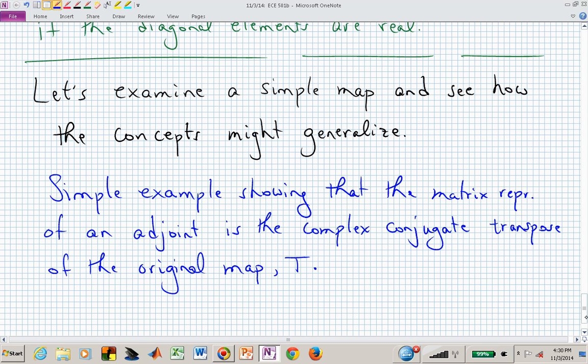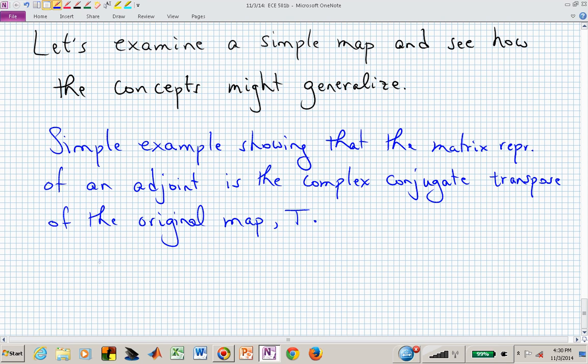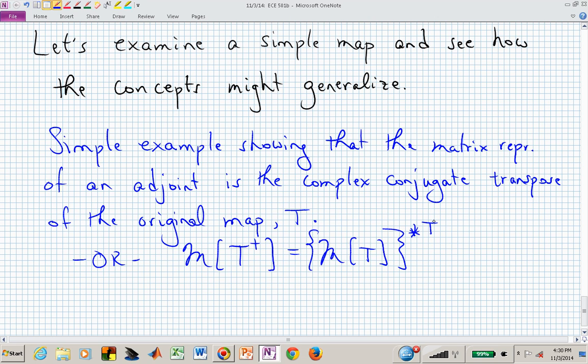All right. Another way of thinking of that is that the matrix representation of the adjoint operator is, and it really doesn't matter which one you do first, but the star is the conjugate and the T is the transpose.